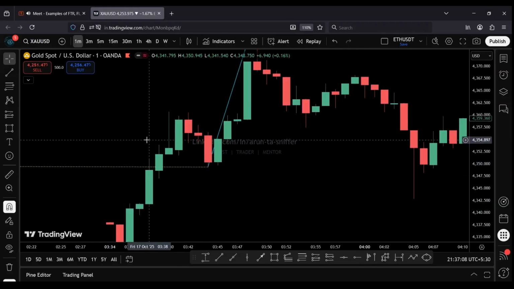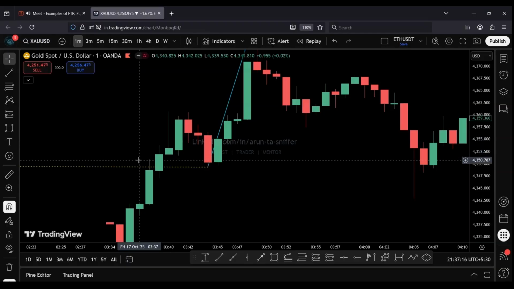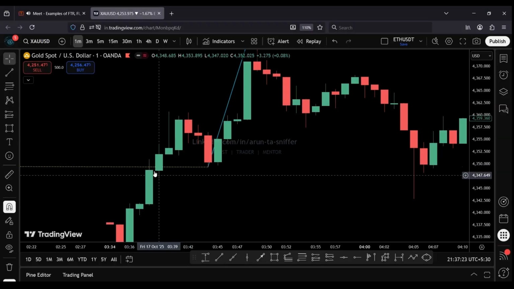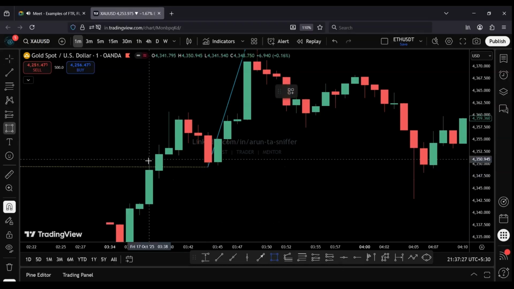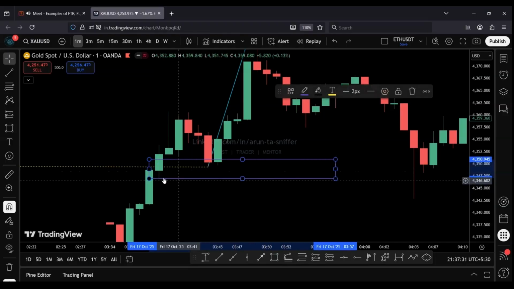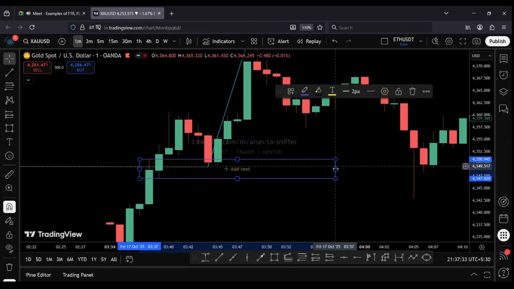If you understand candlestick, that's why I said to understand how candlesticks are formed. This is high, this is close, this one is open of this candle, and this is low. So max high and max low was here. So the top of these two, this one is our FL.